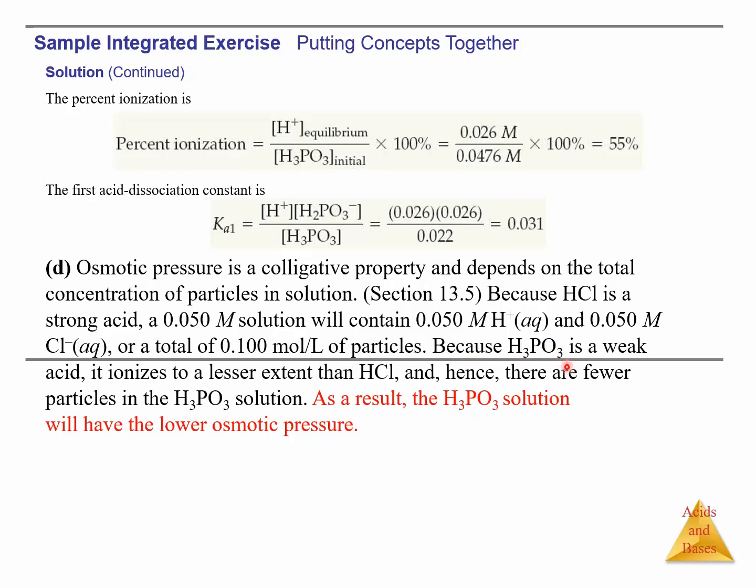Because H3PO3 is a weak acid, it ionizes to a lesser extent than the HCl, and hence there are fewer particles in the H3PO3 solution. As a result, the H3PO3 solution will have the lower osmotic pressure.